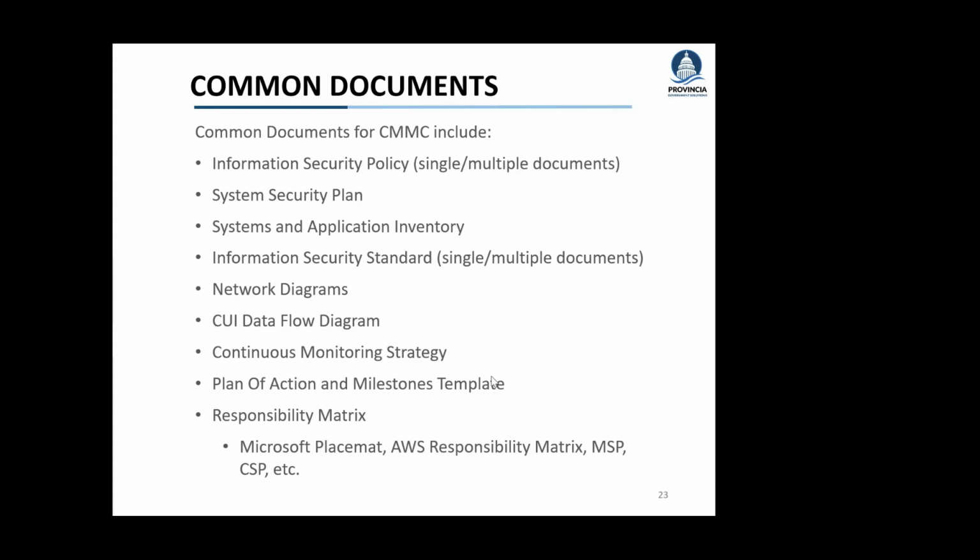There's no absolute way that table or chart, however you put it together, has to be formatted, but you do want to make sure that it's meeting the minimum requirements that are in the CMMC documentation. If you don't know what those minimum requirements are, just let me know. I can send you some information on that.